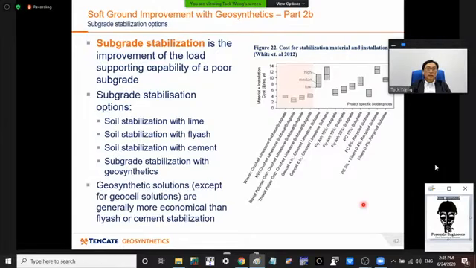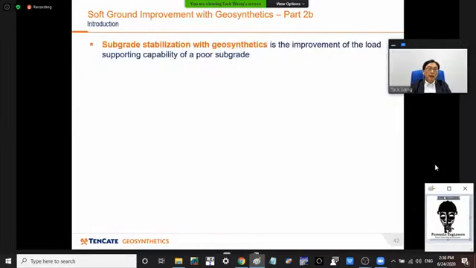And the geosynthetic solutions, which are on this side, are generally, with the exception of geocell, more economical than all the others. And this is from a report that was done in the US, and the reference is White 2012. Subgrade stabilization with geosynthetics is the use of geosynthetics to improve the load supporting capability of a poor subgrade.